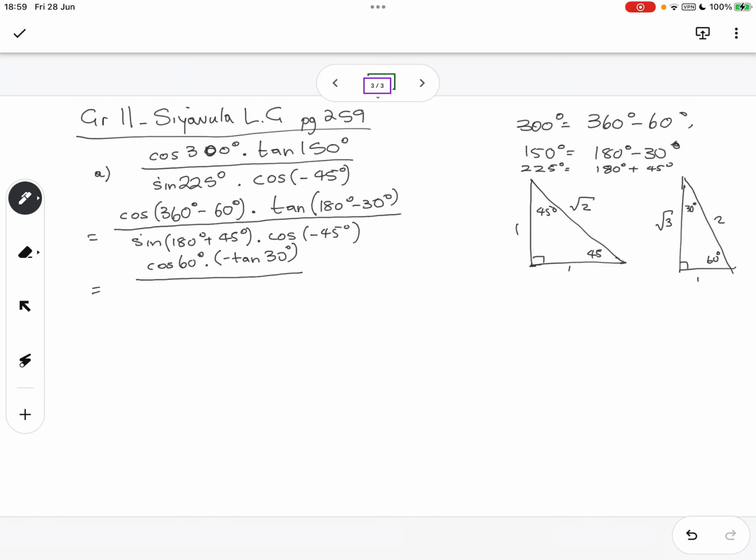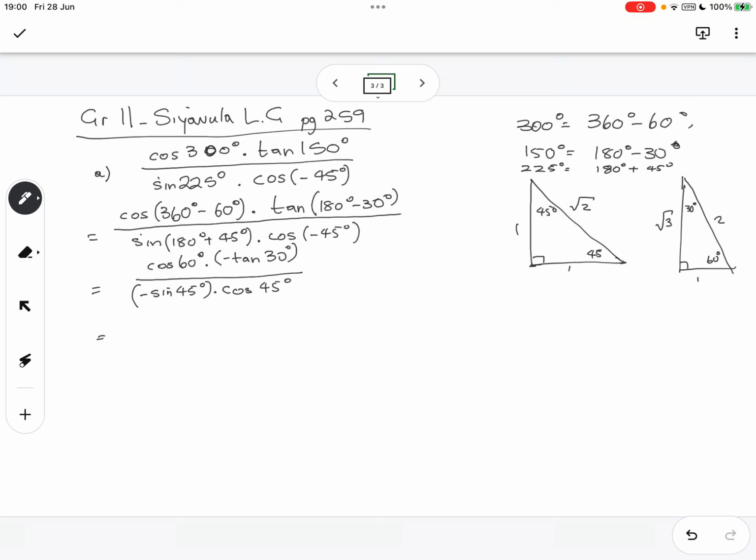And then in the denominator, we will have negative sine of 45 degrees. And this will simply be cos of 45 degrees because it's a negative angle.